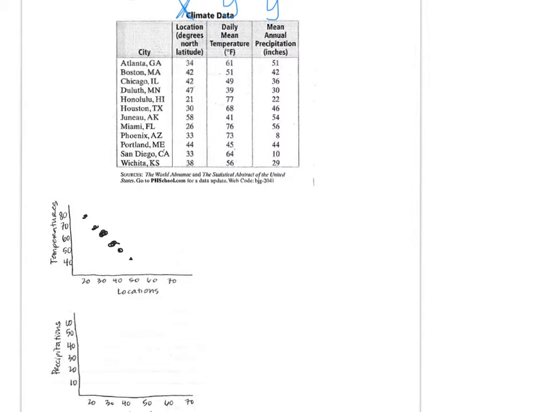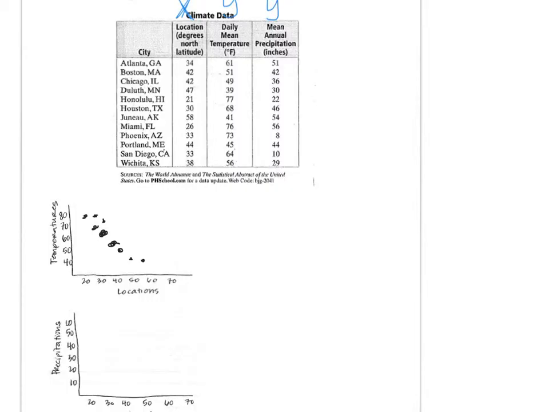Juneau, Alaska is 58, 41. Miami is 26, 76. Oh, there. Phoenix is 33, 73.